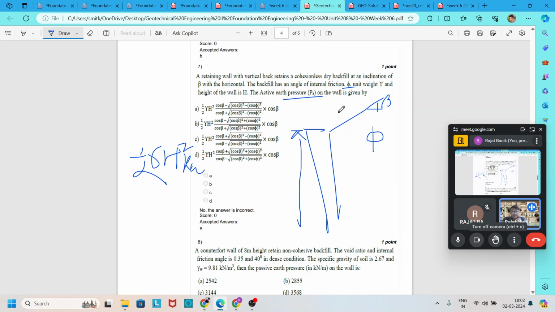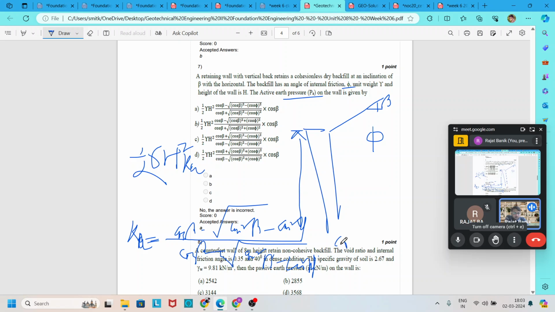For this case, K, the active earth pressure coefficient for a backfill inclined at an angle beta, is equal to cos beta minus root over cos square beta minus cos square phi, divided by cos beta plus root over cos square beta minus cos square phi, whole into cos beta.